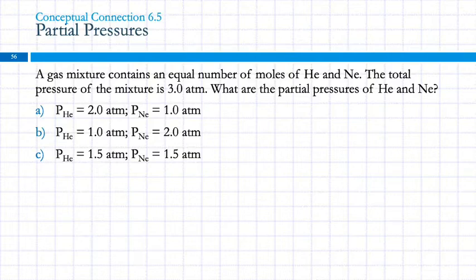The number of particles. It says we have an equal number of moles of helium and neon. So that means their pressures are the same. They're equal. So we're going to choose the answer where they are equal and add up to 3. So it must be C.